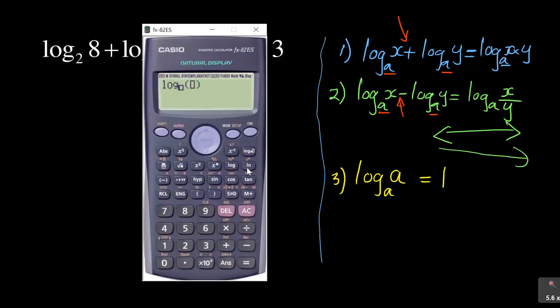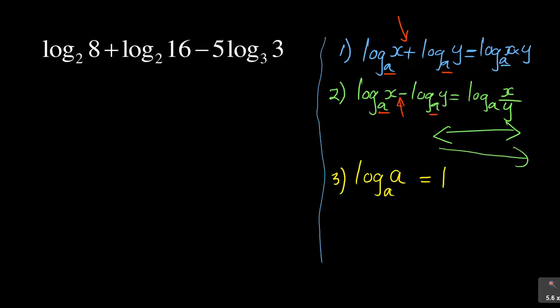When I'm given log in base 10 of 10, it gives me 1, or log in base 56 of 56 is equal to 1. So when the base and the number are repeating, this is equal to 1. So we're going to use these rules. Now let us look at this particular question then.